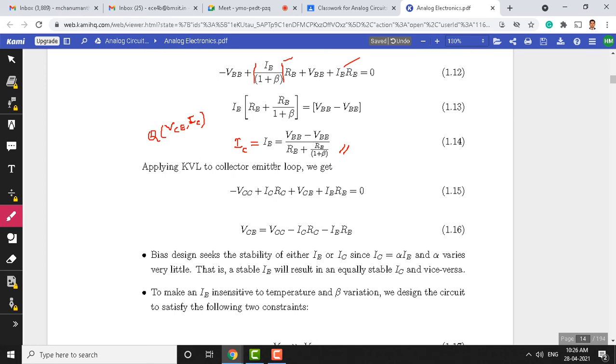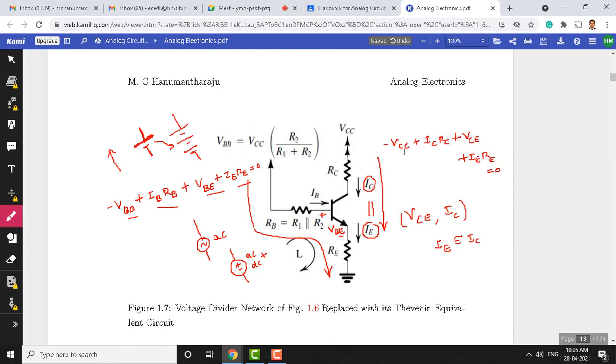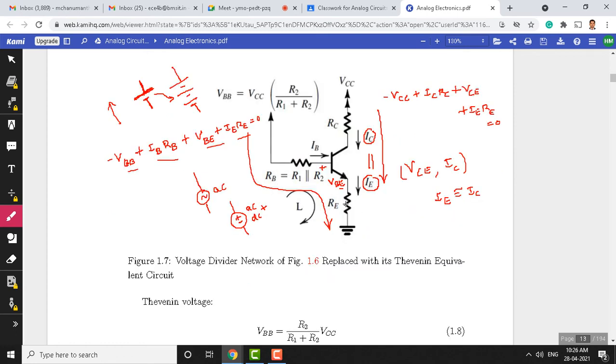Now let us apply KVL to the collector emitter loop and find out the other coordinate of the operating point. Go back to the circuit and apply KVL to the collector emitter loop. There are three elements, two resistors and one BJT. So we start with the supply and end with ground. So minus VCC, plus IC times RC, that is the voltage drop across RC, plus VCE, the collector emitter voltage drop, and finally the voltage drop across the emitter resistor, IE times RE, equal to 0.